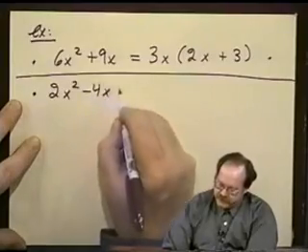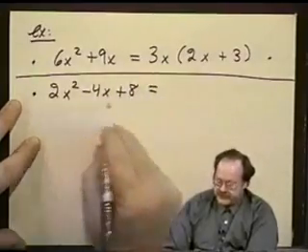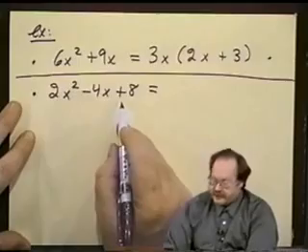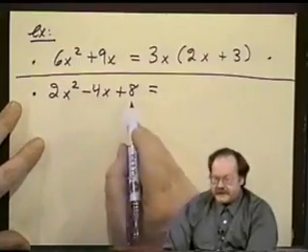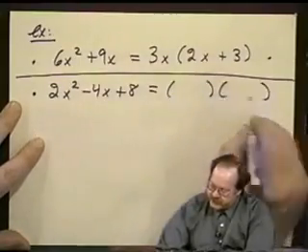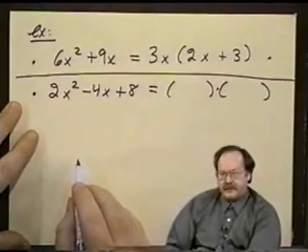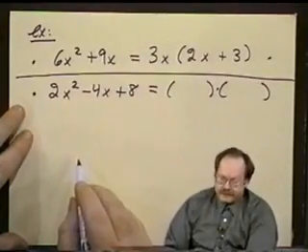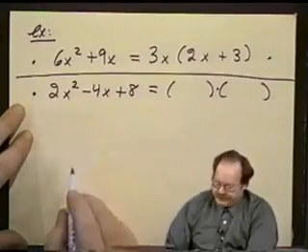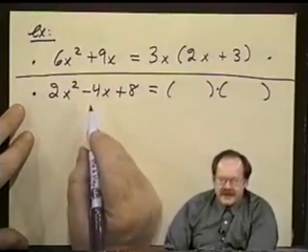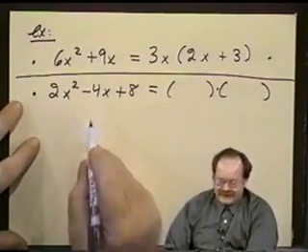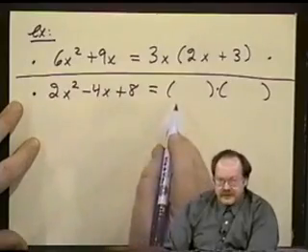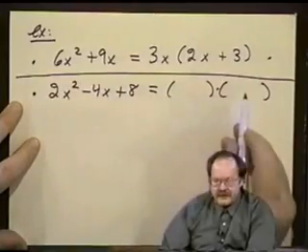2x squared minus 4x plus 8. Now, this is a trinomial, takes a little more effort. I know from the last fact that this is going to factor into a binomial times a binomial. Now, the question is what? And will it be nice numbers? Well, this is a nice textbook problem, so it's going to be nice numbers. But there is something you can do first. See, this is the first instinct that you have.